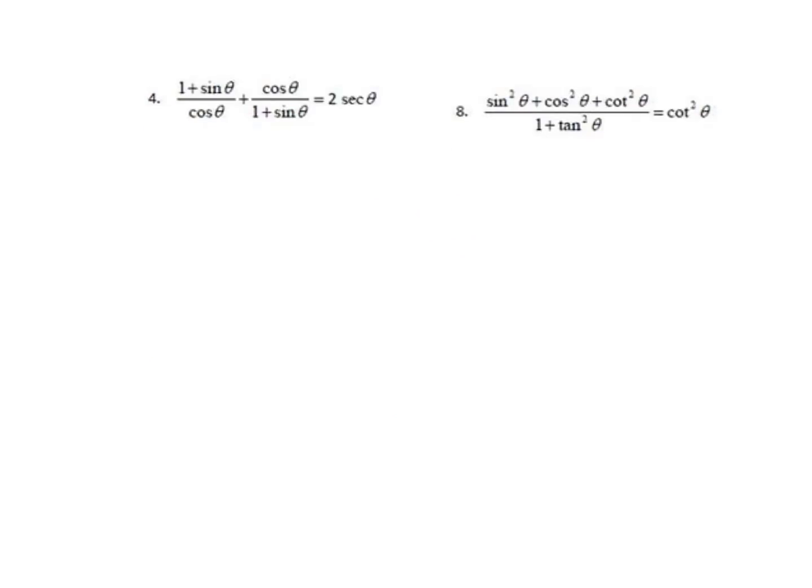Now let's go to number 4. We know the left-hand side is more complicated. Then when you analyze the left side, you see the signal for conjugate multiply. So for this part, you can just bring down 1 plus sine theta.